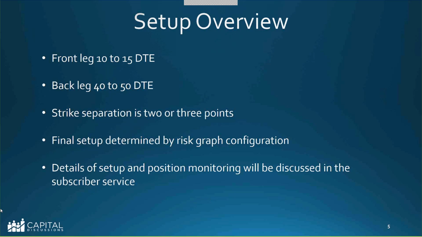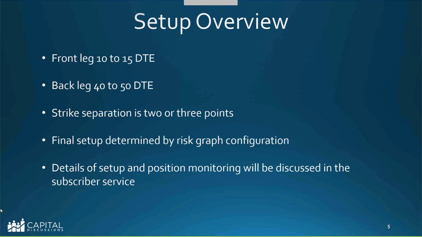Now, I've had a couple of questions from people who've been interested in this setup, and the questions usually run something like this: well, what are your rules for the setup? What are the Greeks for the setup? What are your rules for the exit?